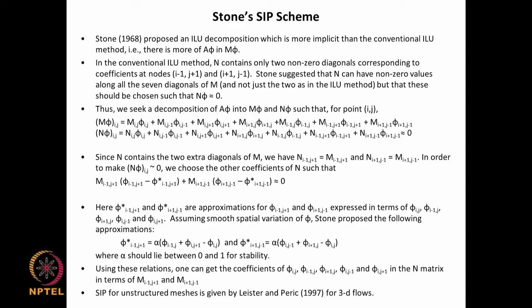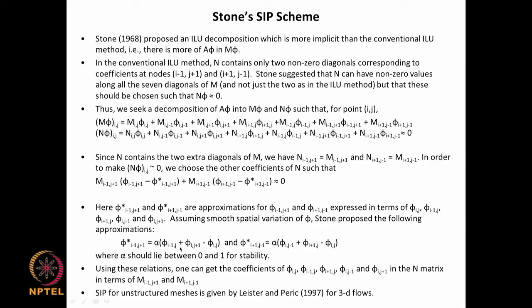We are looking at phi of x, y, and if phi varies smoothly, as the solution of a Poisson equation or a Laplace equation might exhibit, then it is possible to make an estimate for phi at i minus 1, j plus 1 in terms of neighboring values.